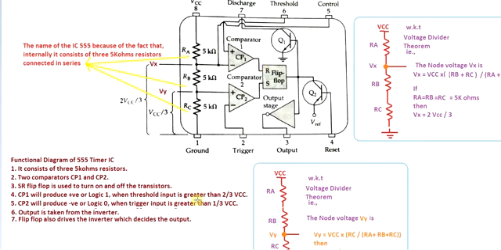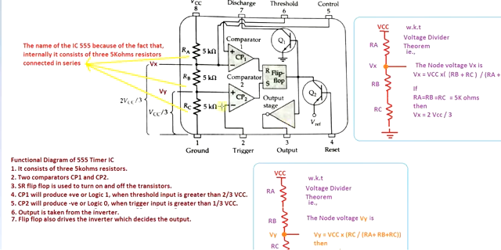When the threshold input is greater than 2/3 VCC, the flip-flop will be reset. In this way, the comparators operate by varying the threshold and trigger. Also, the flip-flop drives the inverter, and the output of the inverter is connected to the output pin. So in this way I have explained the whole functional diagram.